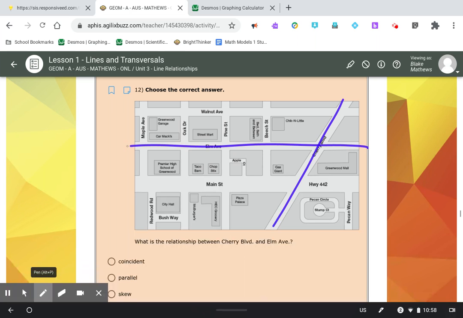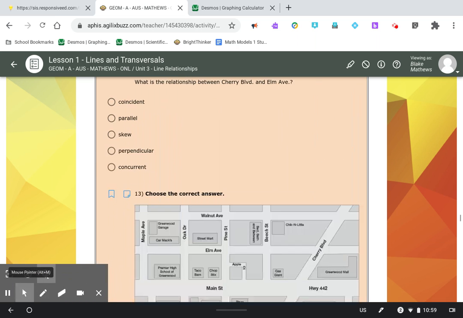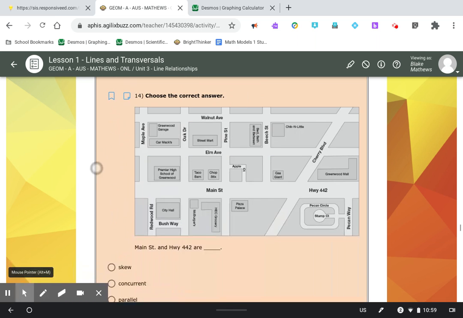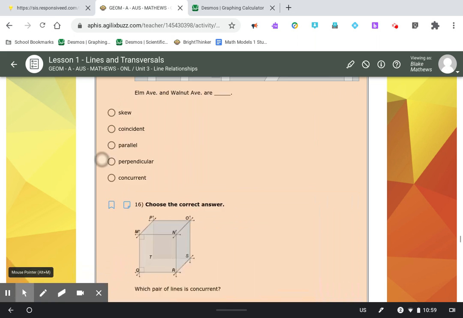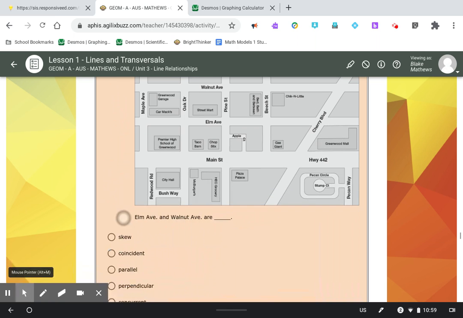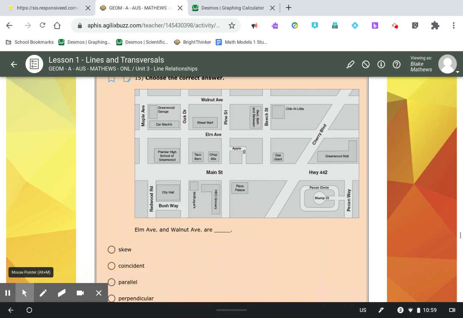You should see right away that those lines cross right there, so you should choose the answer choice that corresponds with lines that form that pattern. That's all you have to do for questions 12, 13, 14, and 15. You're looking at this and deciding what relationship those pairs of lines have.